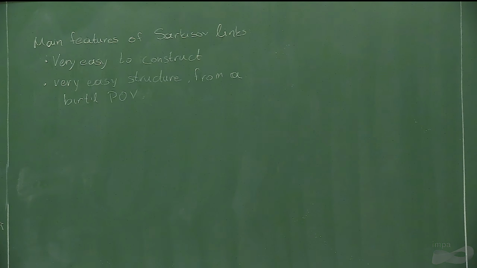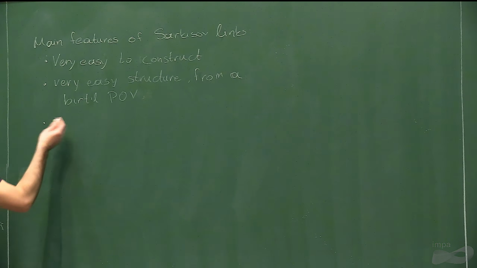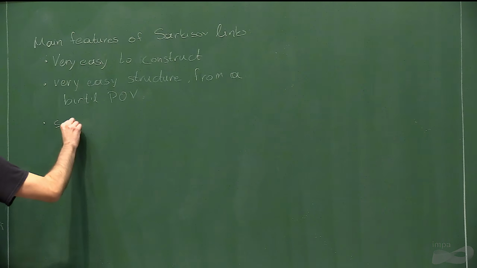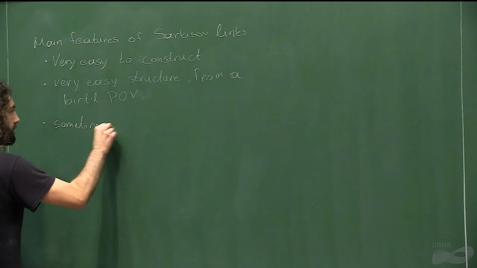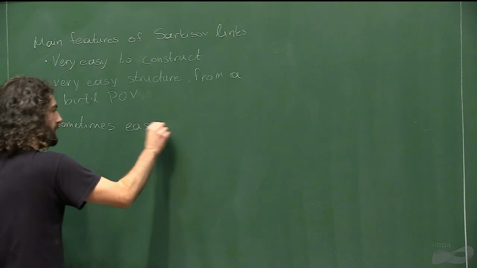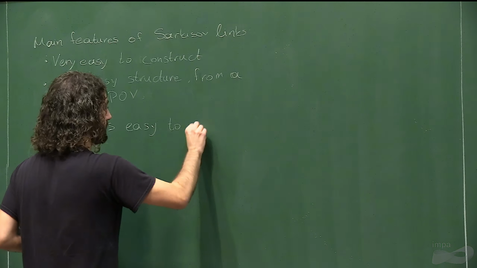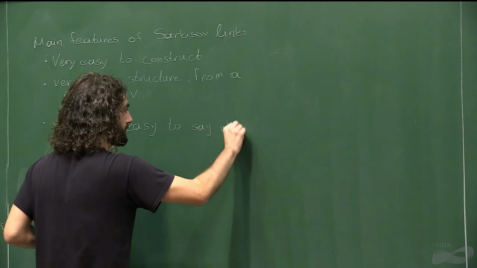I say they're easy to construct, but this is only if they exist, and it's also sometimes easy to say when they exist.